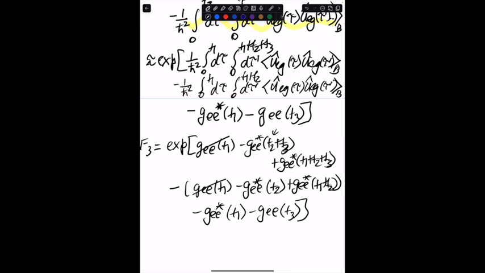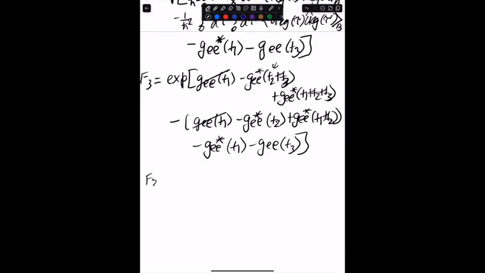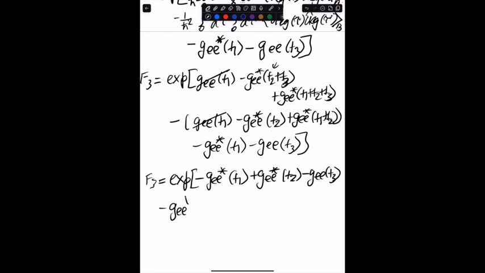So this cancels this, and then F3 is equal to exponential minus g star(T1) plus g star(T2) minus g(T3) minus g star(T1 plus T2) minus g star(T2 plus T3) plus g star(T1 plus T2 plus T3).